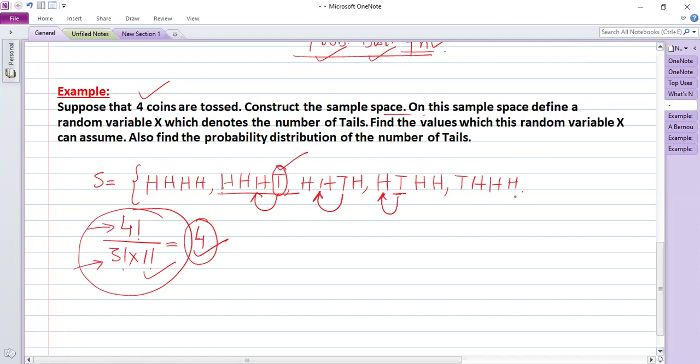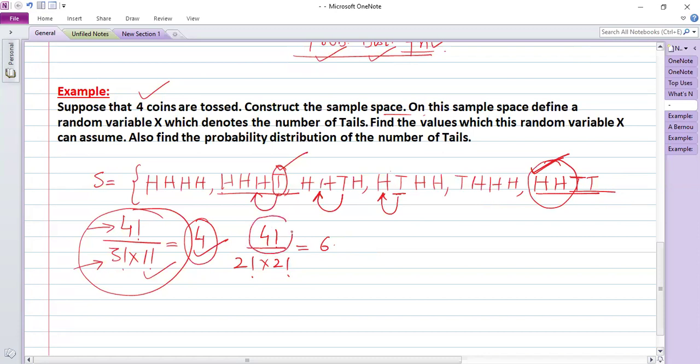Now head, head, tail, tail. This combination will have 4 factorial divided by 2 factorial and 2 factorial, basically six permutations. This combination of two heads and two tails will have a total of 6 permutations.